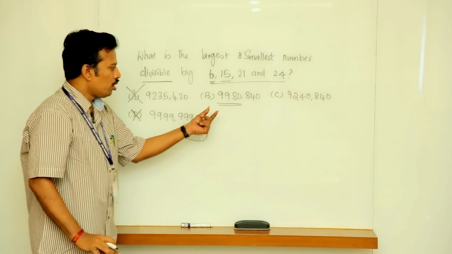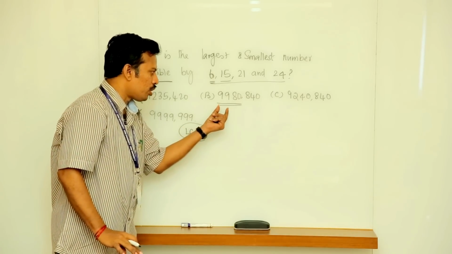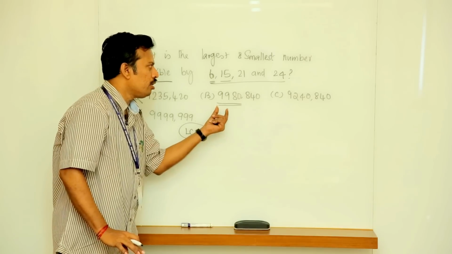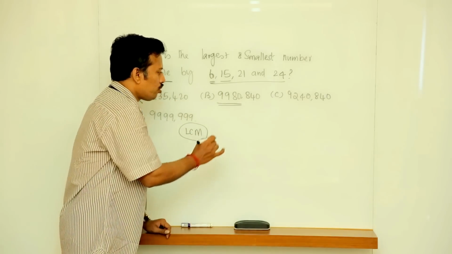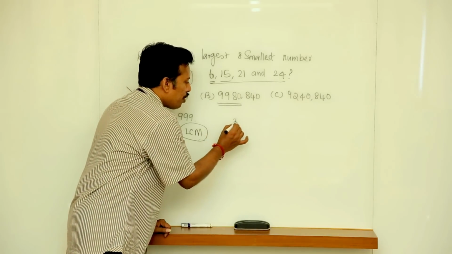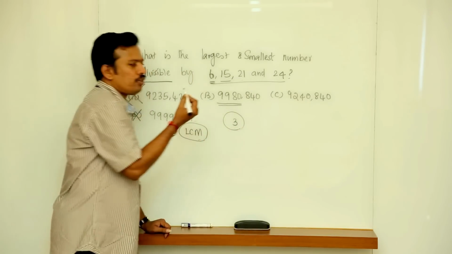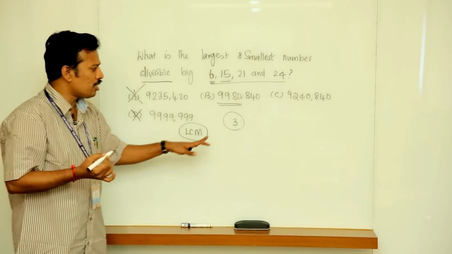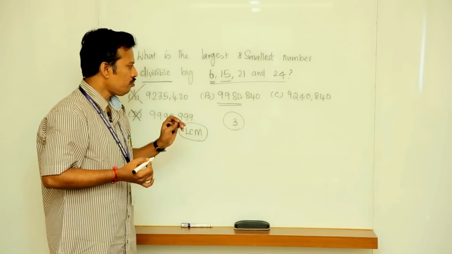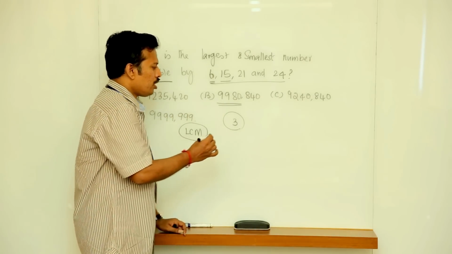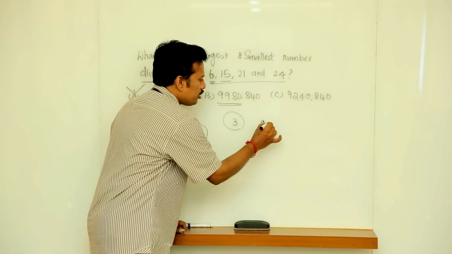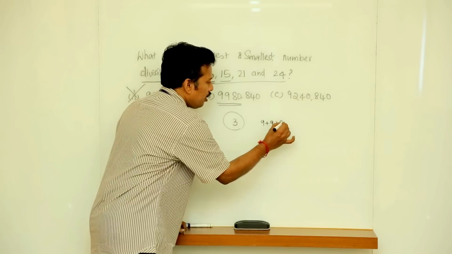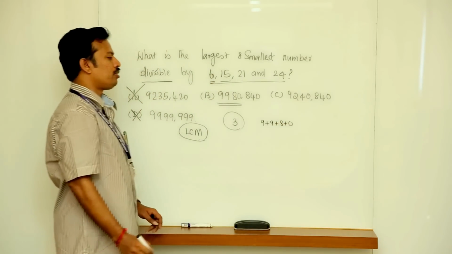So the number in the choice must be divisible by 3. This is a simple question based on the divisibility rule of 3. What is the divisibility rule of 3? In any given number, if the sum of all the digits is divisible by 3, then the number is divisible by 3.